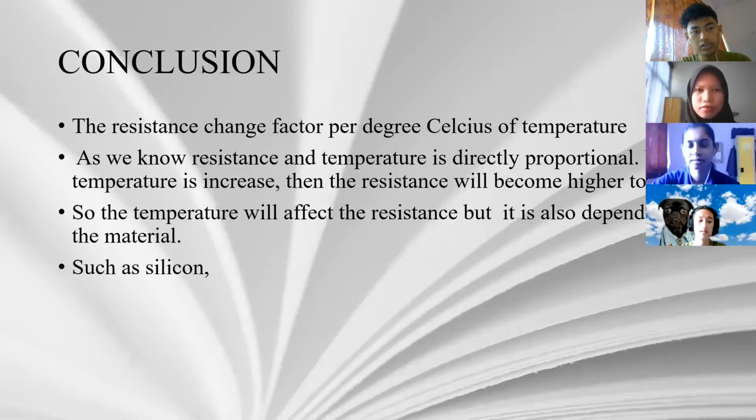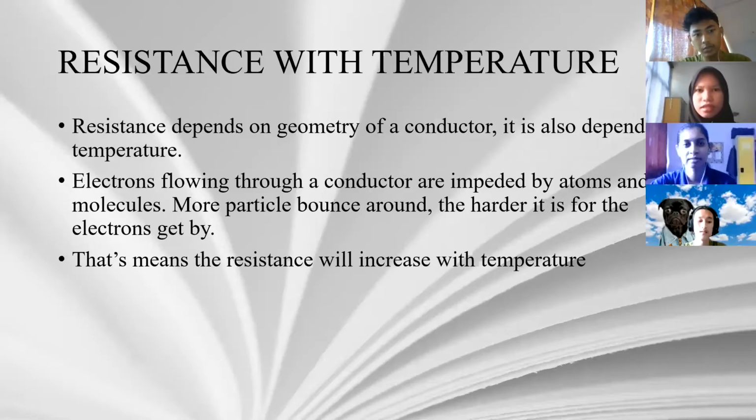I will talk about resistance with temperature. The resistance with temperature is the resistance change factor per degree Celsius of temperature. Resistance depends on the geometry of a conductor. It also depends on temperature. Electrons flowing through a conductor are impeded by atoms and molecules. The more particles bounce around, the harder it is for the electrons to get by.